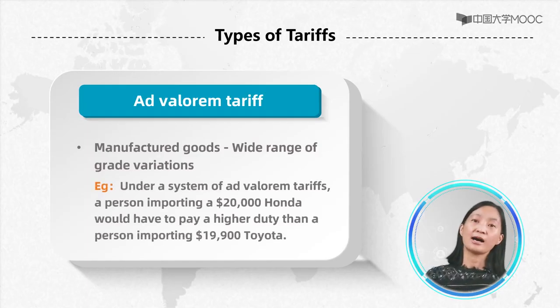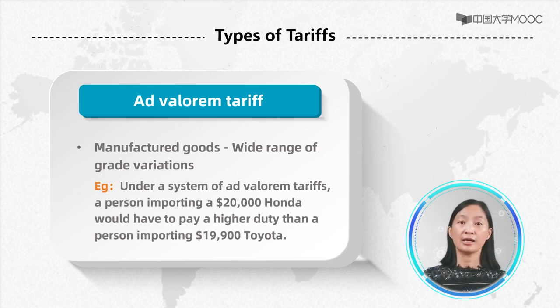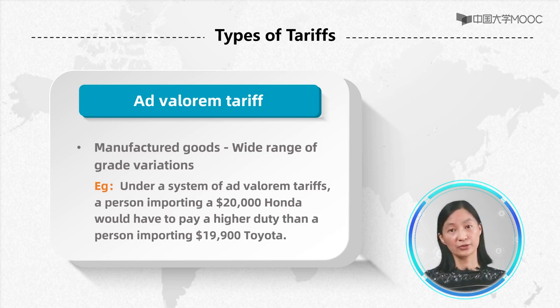For example, under a system of ad valorem tariffs, a person importing a $20,000 Honda would have to pay a higher duty than a person importing a $19,900 Toyota. But under a system of specific tariffs, the duty would be the same.